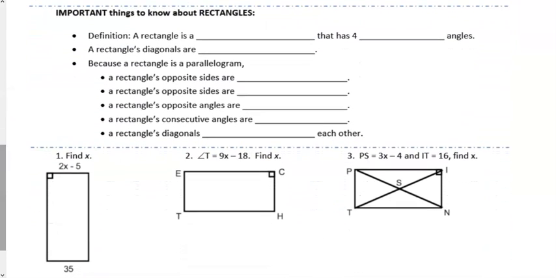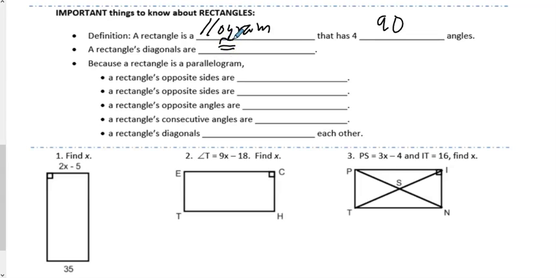Now, important things about rectangles. A rectangle is a parallelogram that has 4 90-degree angles. The diagonals are congruent. That's very important.